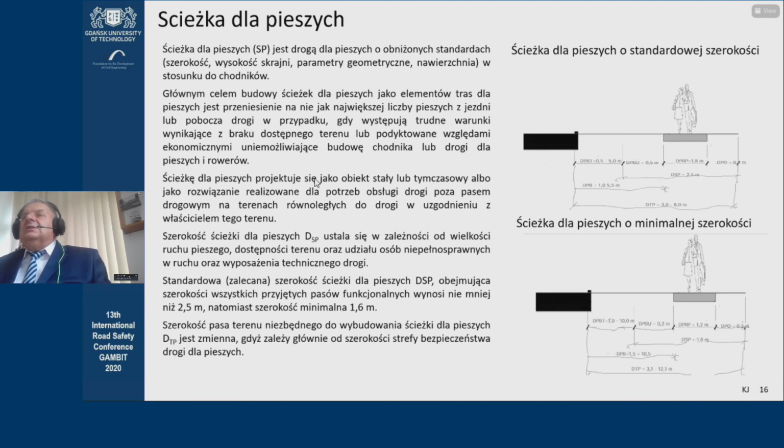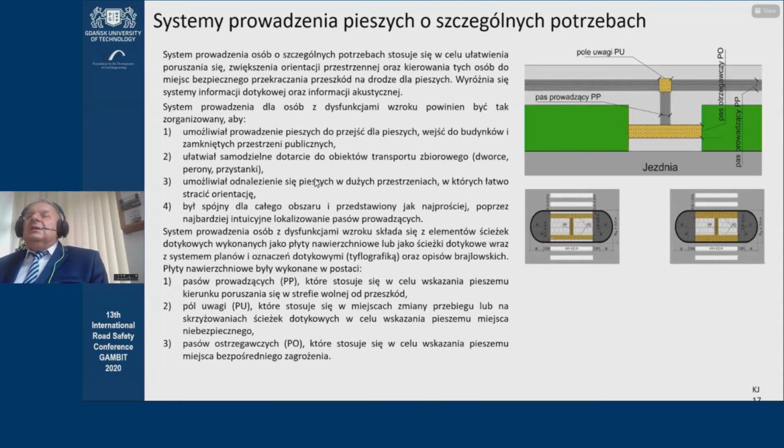It does not have to be hardened surface. It could be sand, gravel, crushed rock. It does not have to be hardened pavement. What is key is that any of those solutions, pedestrians have to be off the driveway, because we have to remember that the largest number of fatalities among pedestrians is when they are on the driveway.